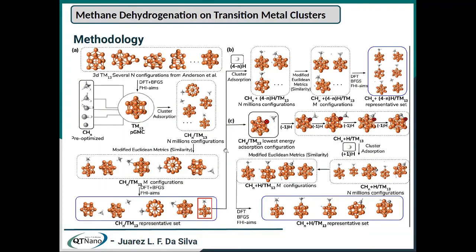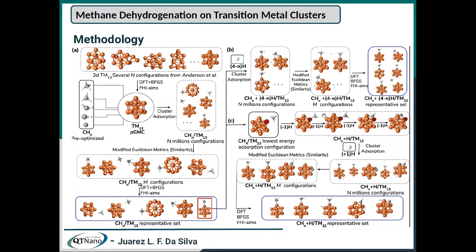Also, to address the effect of the hydrogen co-adsorption, we start from the PGMC obtained in the first step and perform the hydrogen adsorption as well with the cluster adsorption algorithm. For instance, for the CH3 we adsorb 1, for the CH2 we adsorb 2, until the complete CH4 molecule. Then we have the second representative set.